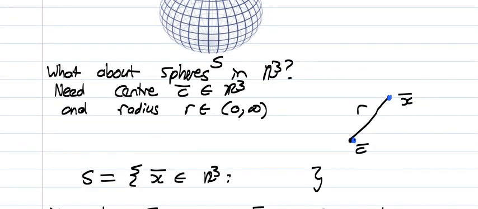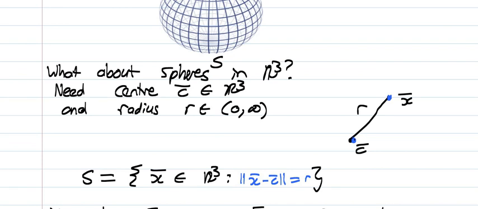So you can write this beautifully in set notation. S is all the 3D vectors x such that we want the distance from these 2 points to be r, and we know distance means norm. So we want the norm of vector x minus vector c to be r.